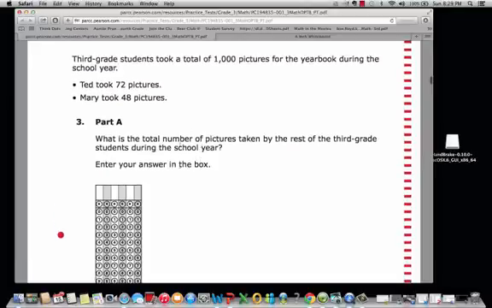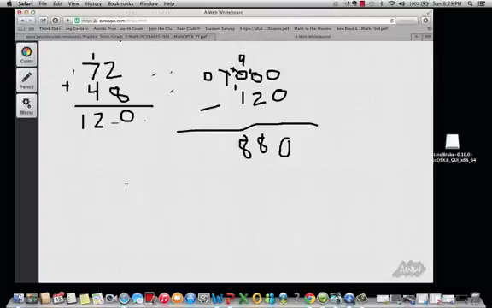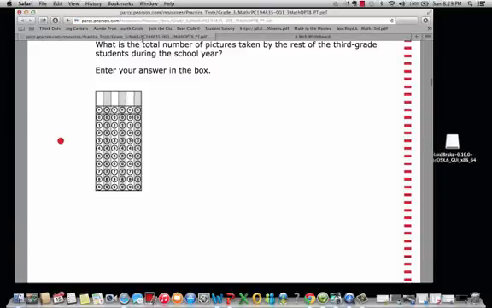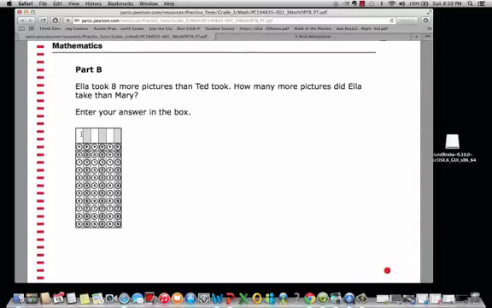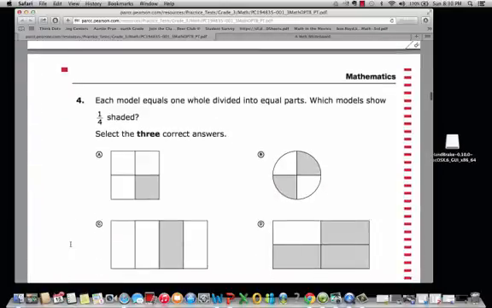How much bigger is 80 than 48? 80 minus 48. Should have gotten 32. That was the answer to part B. So 3 here, 2 here, then bubble it in 3 and 2.